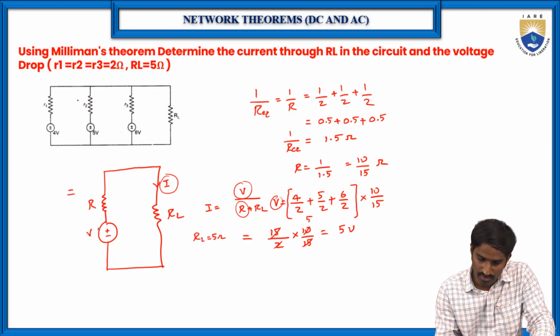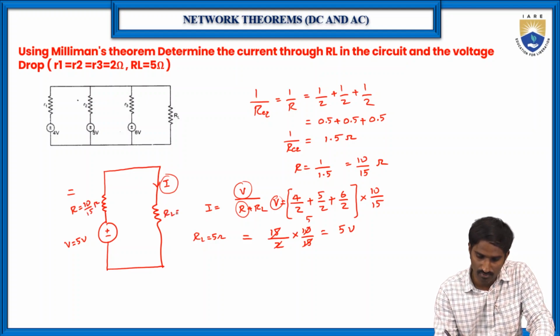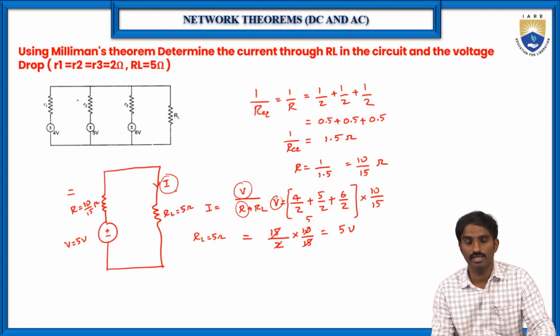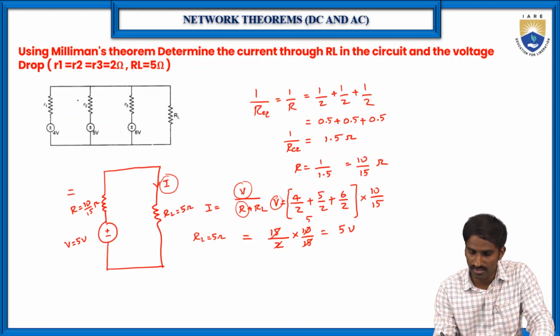Then substitute here. Let me write the values. V is 5 volts, R is 10/15 ohms, and RL is 5 ohms. Then to find I, substitute these values in this equation.